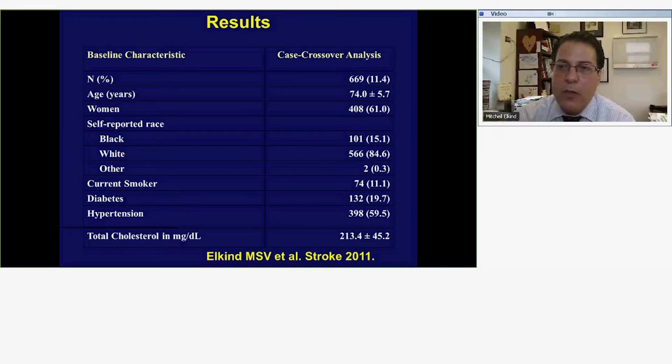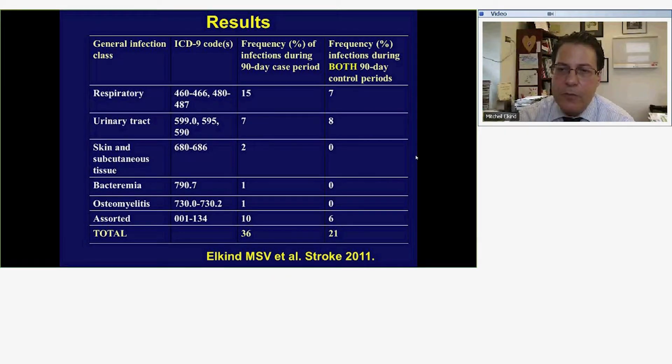So there were in the cohort 11% of people who had strokes, 669 of them. You can see their characteristics here. And among that group of people who had strokes, you can see the infections that occurred here. And you can see there were a total of 36 infections during the case period, the 90 days prior to the stroke, and in 2 90-day control periods, right?